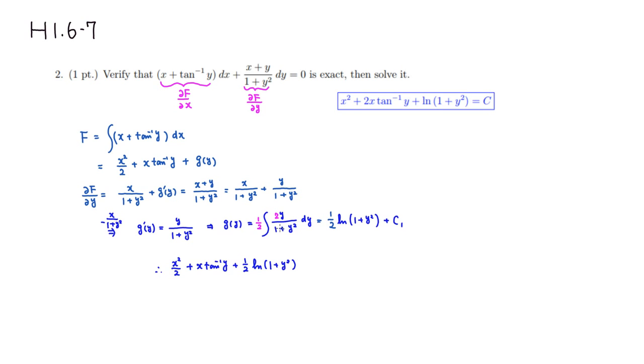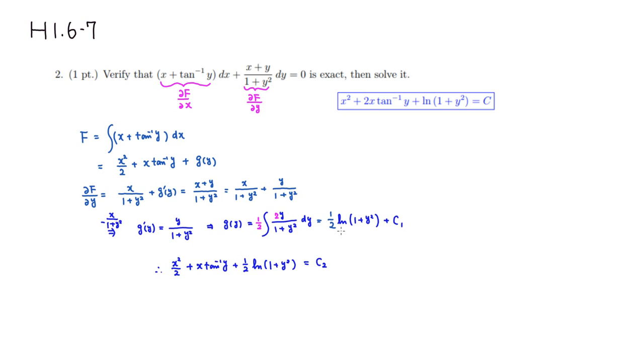And this is F of x, y, so we can say this is equal to, I already used C1, so I'm going to call it C2.